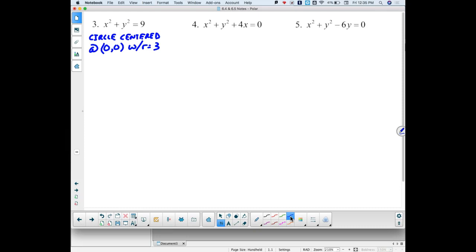Polarly, remember I've got to go right over the top of that. So polarly, I need a circle, right? Centered where? Where's my center going to be polarly?